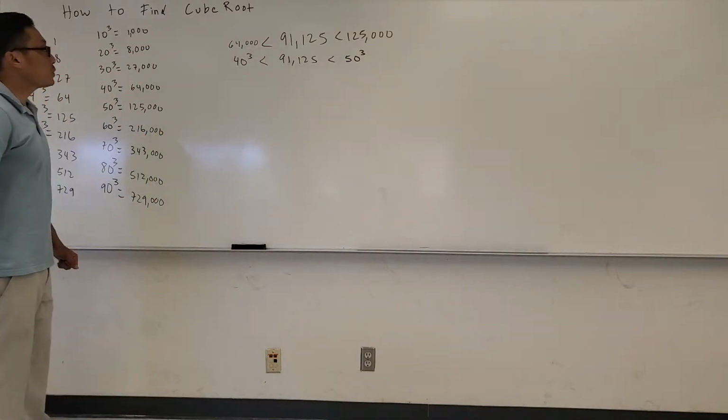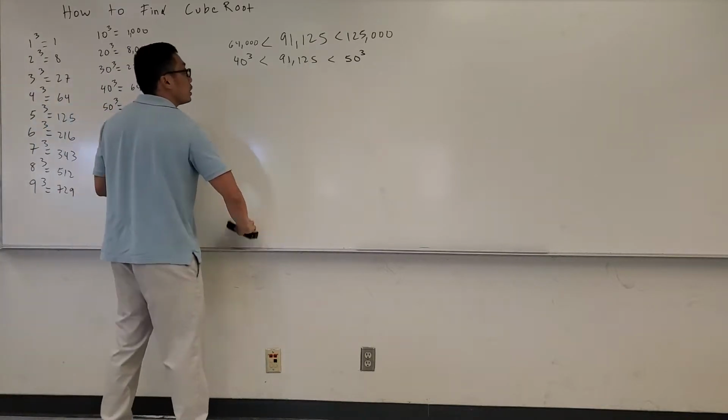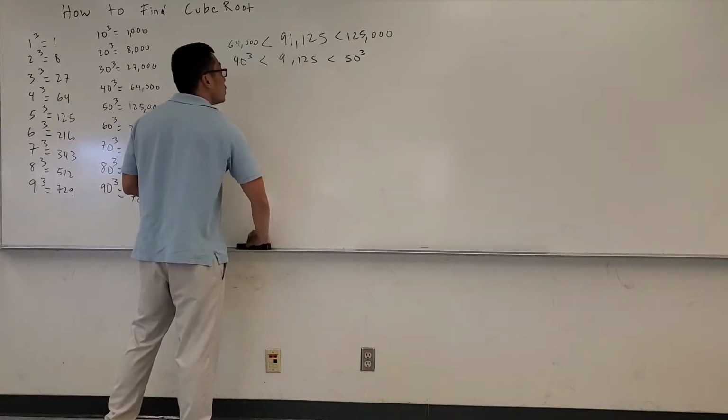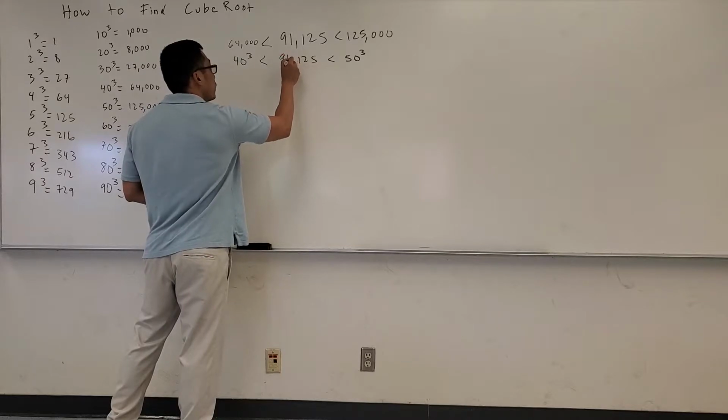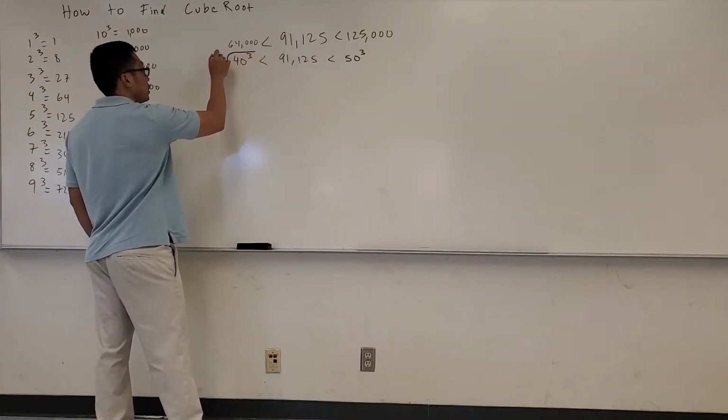Right? So my question is, I need to find the cube root of this number, 91,125. So let's take a cube root of each side.